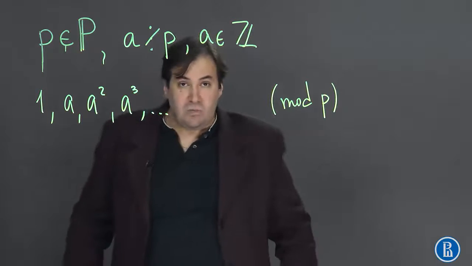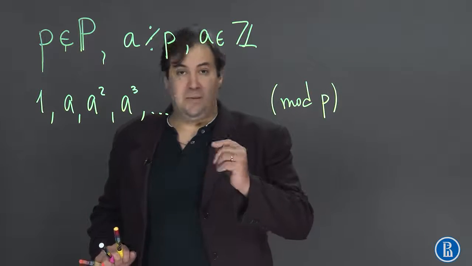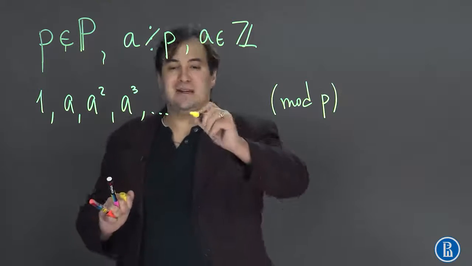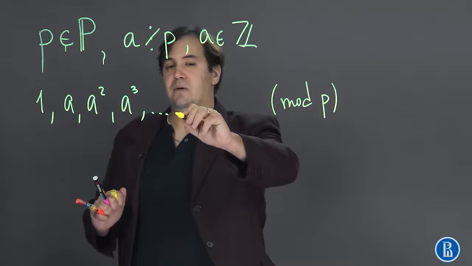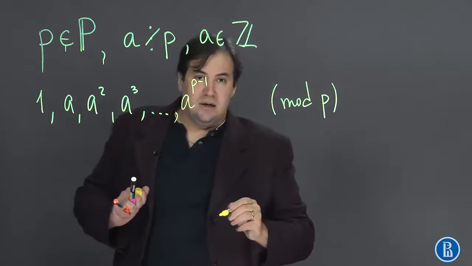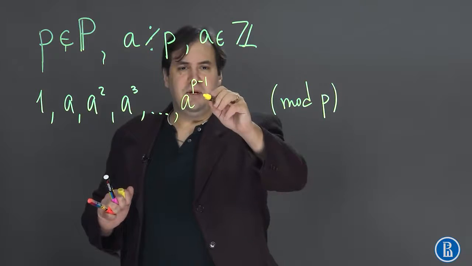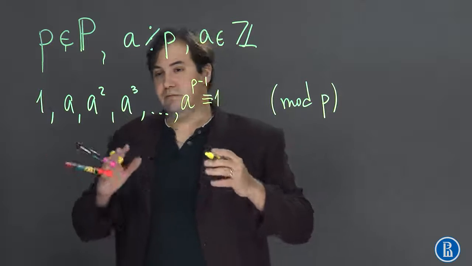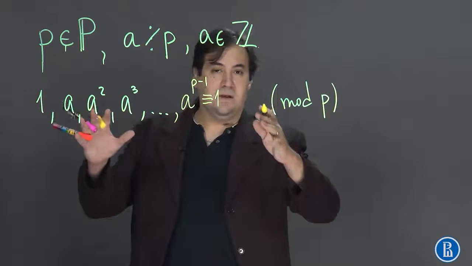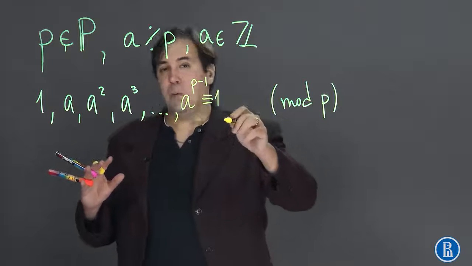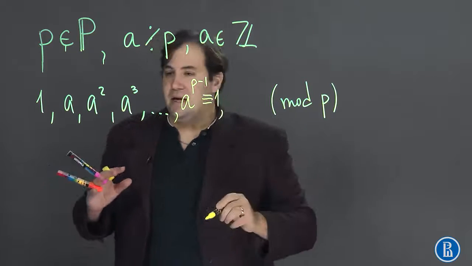However, we know from Fermat's little theorem, which states that when we get to A to the power of P minus 1, then this will be congruent to 1 modulo P, which in the sense of considering all this modulo P means that simply we have remainder 1 at this place of the sequence.